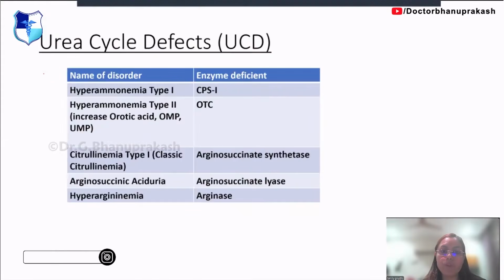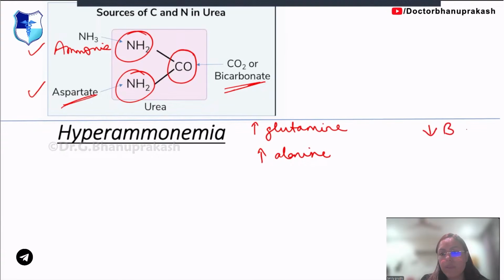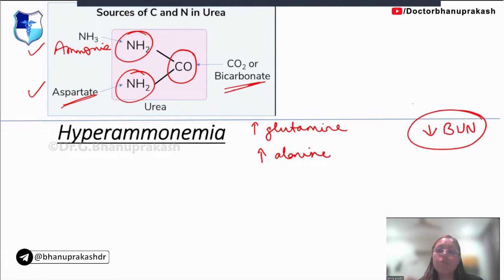Clinical features of hyperammonemia are very important. So clinical features are increased glutamine, increased alanine, decreased BUN, decreased blood urea nitrogen.